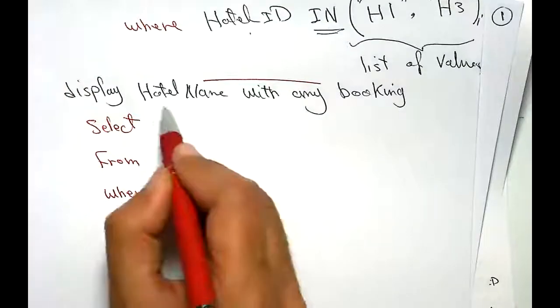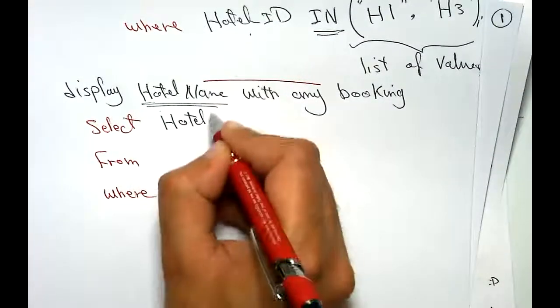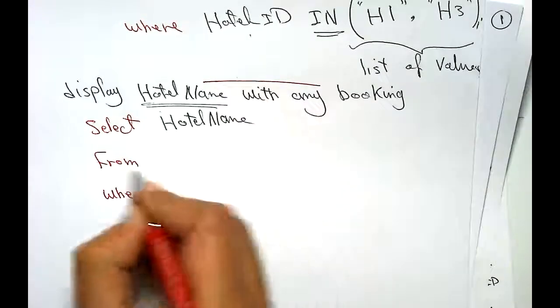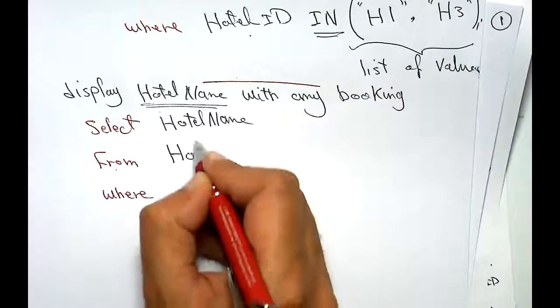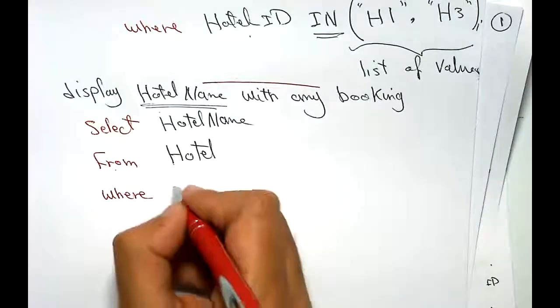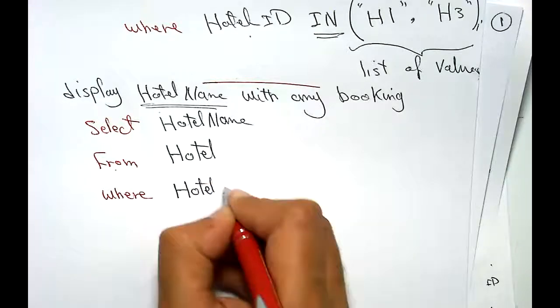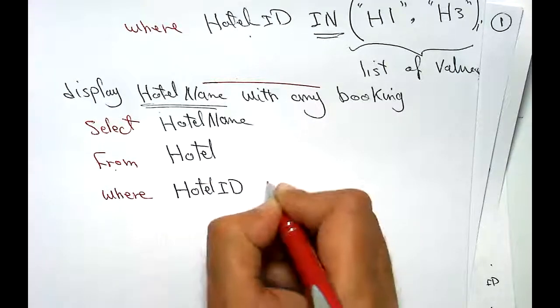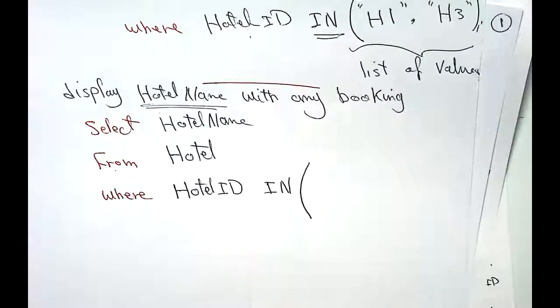So I'm going to display the hotel name. So select hotel name from which table? Hotel, where hotel ID in, then I will have a subquery.